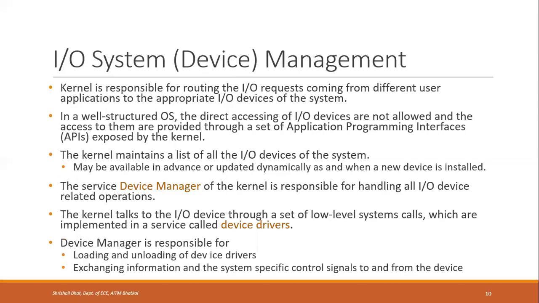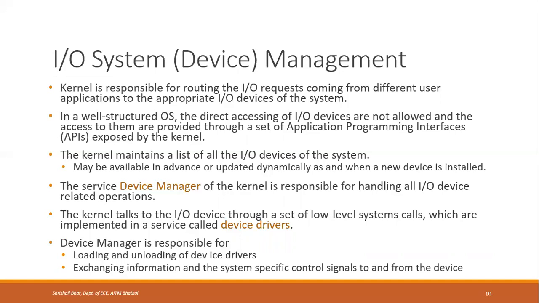Next, you have IO system or device management. As we know, we connect different IO devices to the system. So the kernel is responsible for routing the IO requests coming from different user applications to the appropriate IO devices of the system. Those requests for input and output operations should be appropriately routed to the particular IO devices.